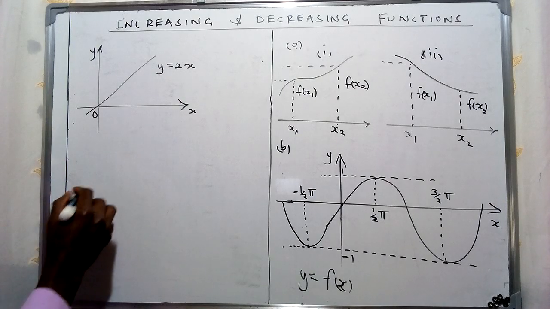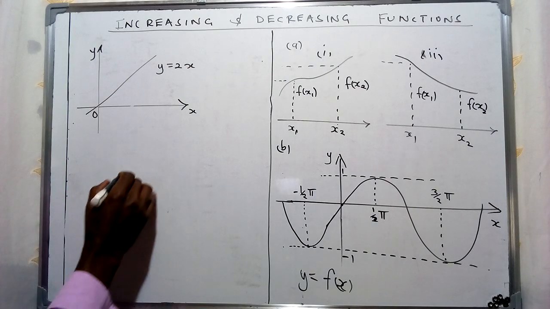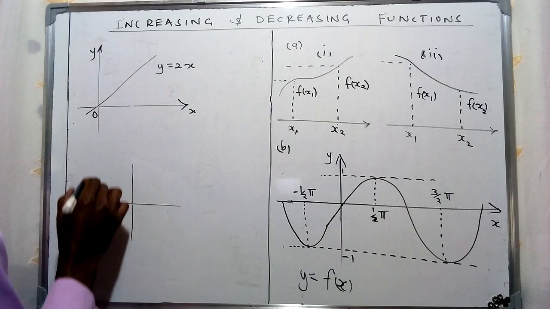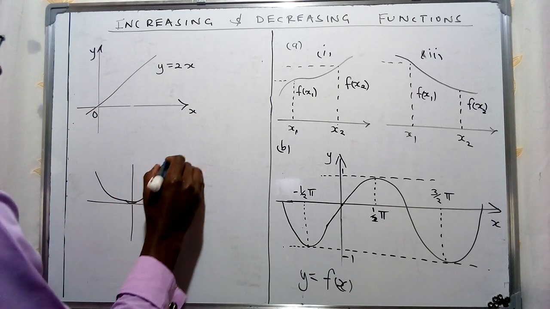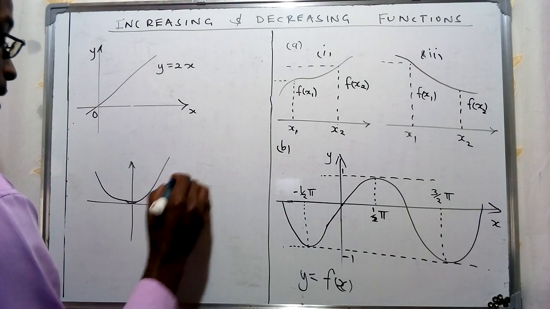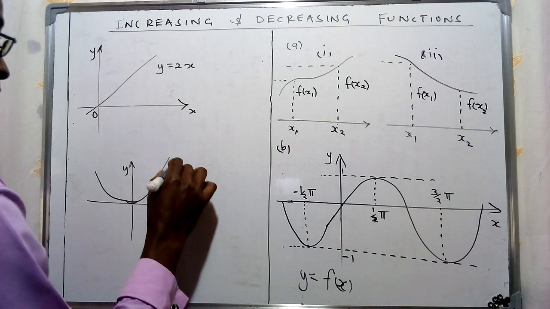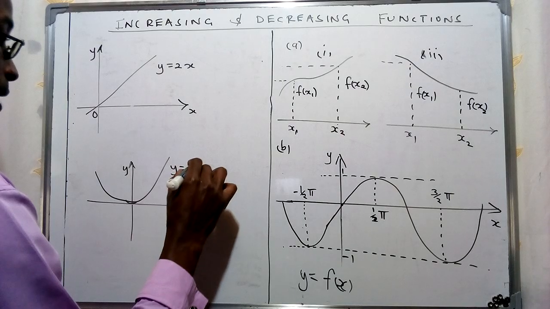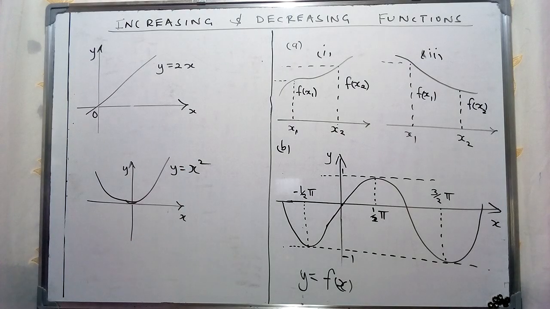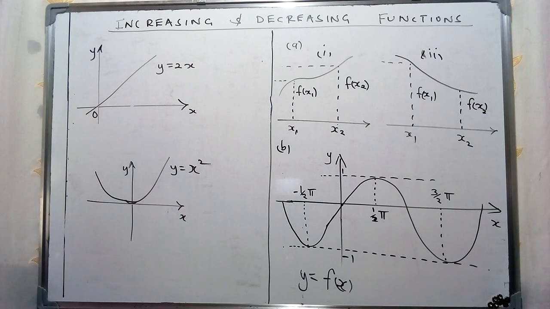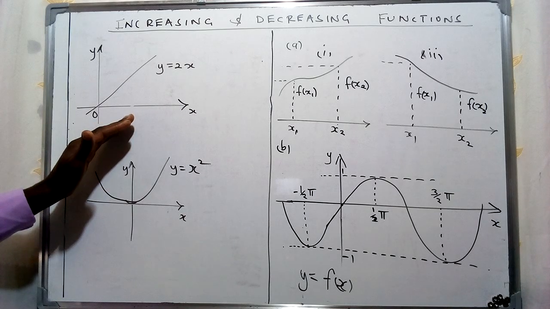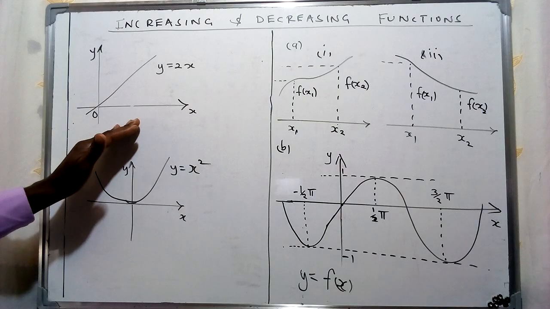And we're going to look at this one in contrast with another graph, which I can give in this specific form as the graph that passes through the origin. So this is going to be a graph of the function y is equivalent to the square of x. If we compare these two graphs, we can define the basic aspect of either an increasing or decreasing function for these specific graphs.